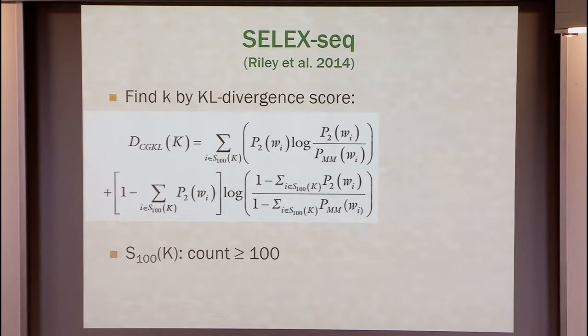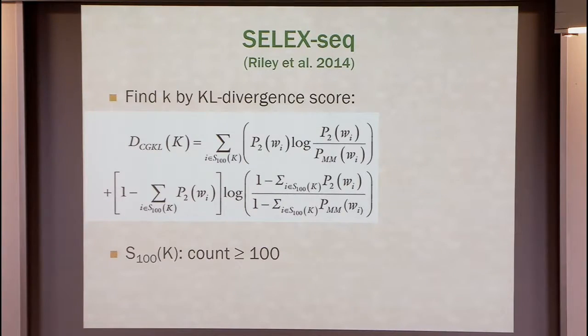First, this is a computational analysis that was part of the SELEX-seq protocol from Bussemaker's lab. Here they first start with finding the K that they want to work on. This is a problem by itself: what is the width of the motif of the model that we should use? The way they do it is using the KL divergence score.